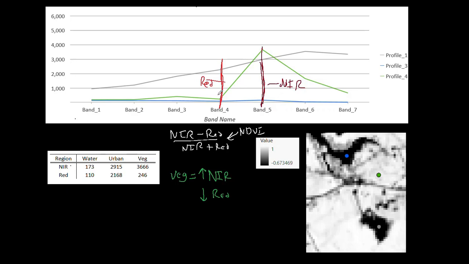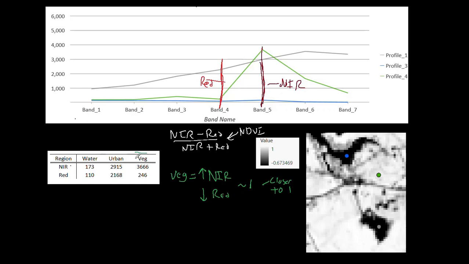So what would we expect this equation to look like? As red gets smaller and NIR gets bigger, the top number tends toward NIR, and the bottom number also tends toward NIR, which means this is going to turn to 1. So we would expect the NDVI to be closer to 1.